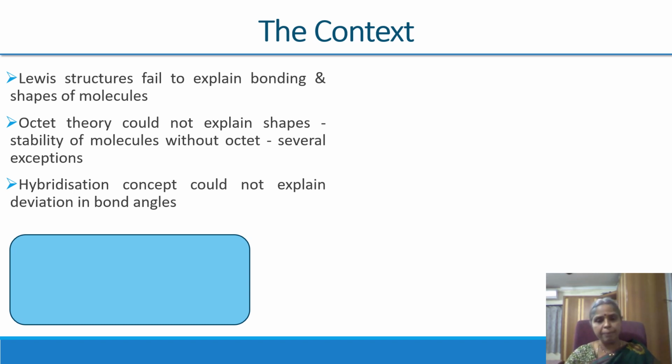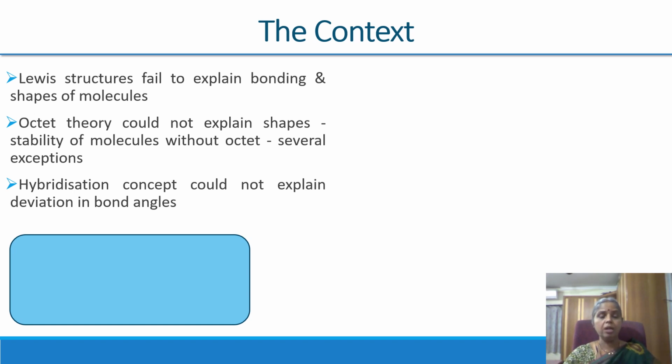Now, what about hybridization? Hybridization to a large extent could account for many of the structural features as well as the reactions as well as the chemical and physical properties, but deviation in bond angles could not be explained by the concept of hybridization.